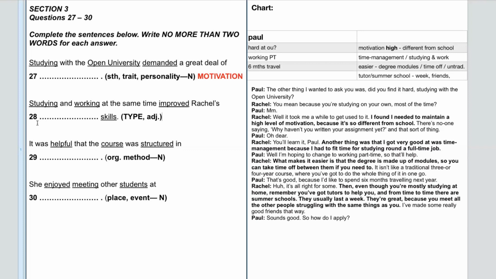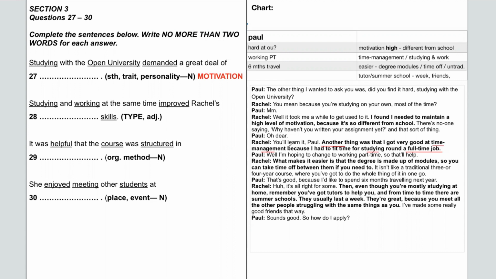We have number 28. Studying and working at the same time improved Rachel's, and here I have the answer. It's time management. And so let's look at the answer. She says, another thing was that I got very good at time management. So I can go ahead and underline that because I had to fit time for studying around a full-time job. So notice full-time job can be a synonym for working, and we have studying, our keyword here as well.